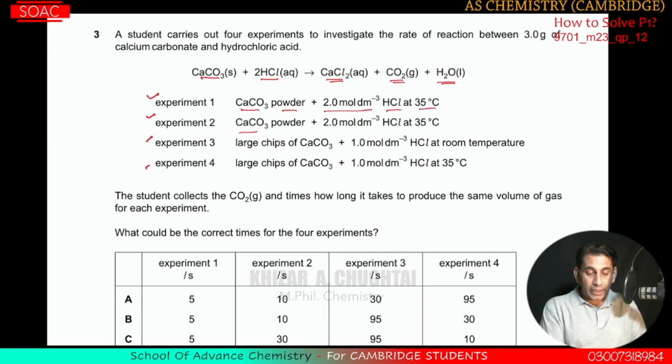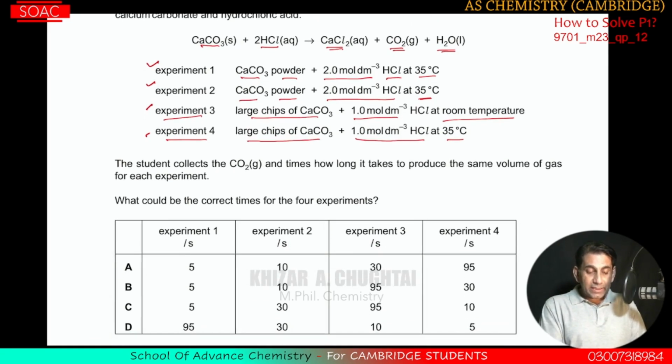Experiment 2: calcium carbonate powder, 2 mol per dm³ HCl, same temperature, 35 degrees Celsius. Experiment 3: large lumps of calcium carbonate plus 1 mol per dm³ HCl at room temperature. Experiment 4: large lumps of calcium carbonate, 1 mol per dm³ HCl, at 35 degrees Celsius.